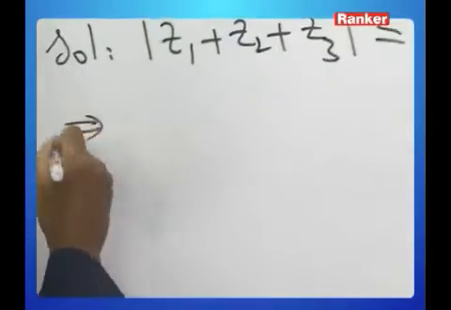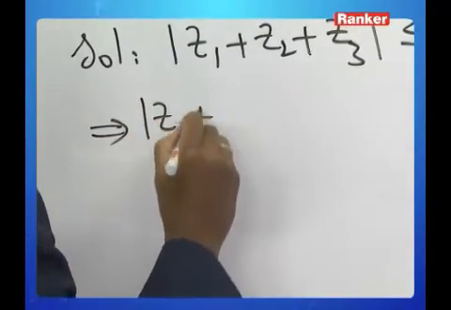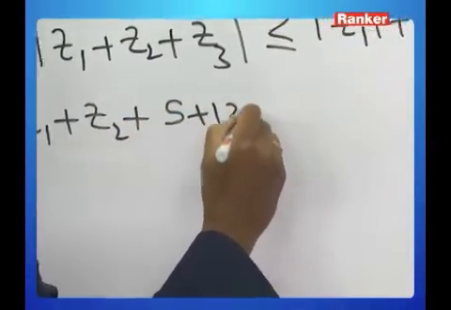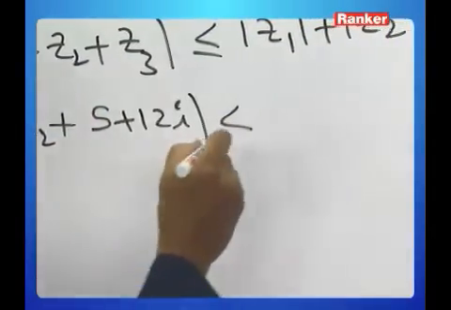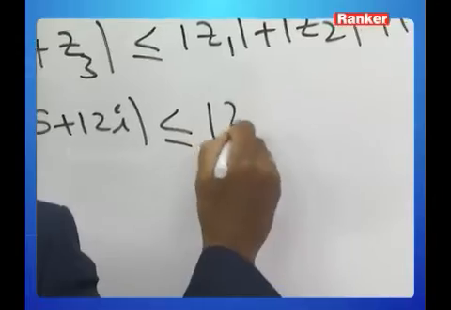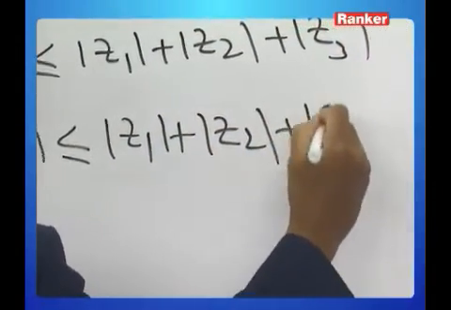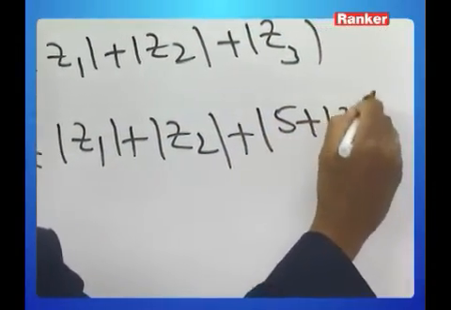Using this formula, the polygon law, modulus of Z1 plus Z2 plus 5 plus 12i is less than or equal to mod Z1 plus mod Z2 plus mod of 5 plus 12i.